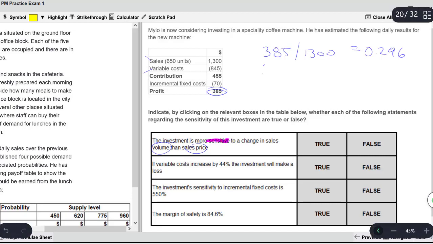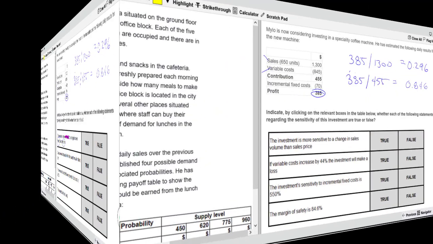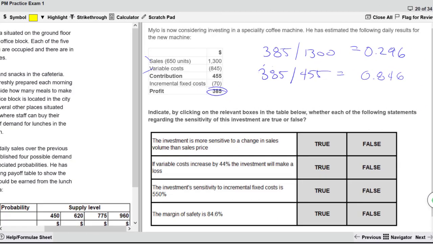That's going to be the 385 divided by the 455, and that comes to 0.846. Okay, so that tells us that the volume can drop 84.6%. So the first statement is false.